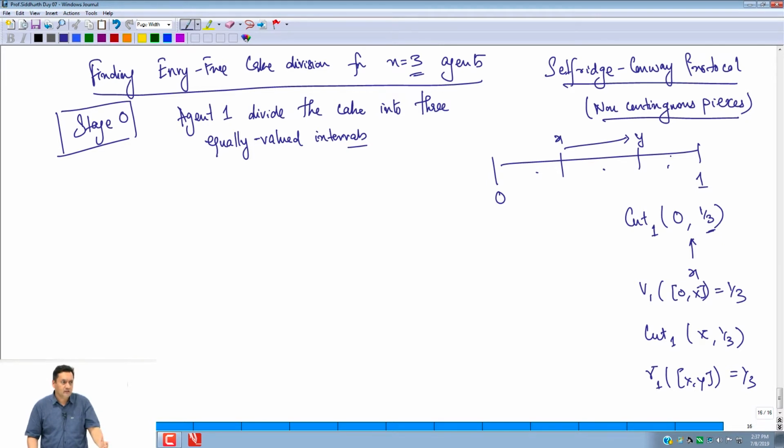I'm now doing it 1/3, 1/3, 1/3. In particular, if we allocate these 3 intervals in any which way, the first agent, the one that has made these cuts, will be NV free. She is indifferent between the 3 pieces, right? So that's sort of the natural first phase, first stage of this protocol.